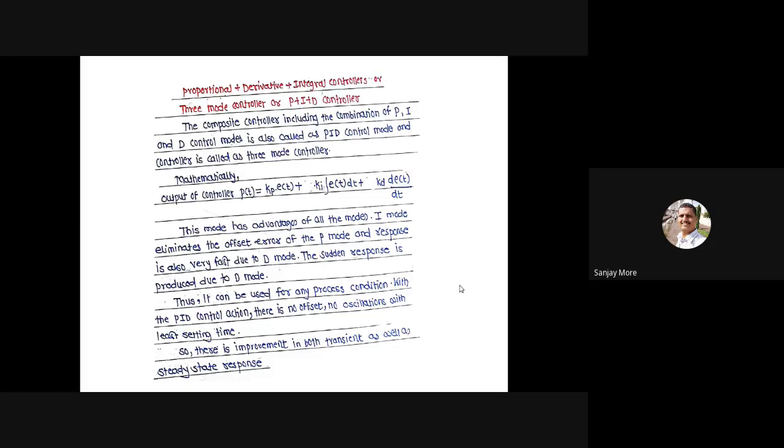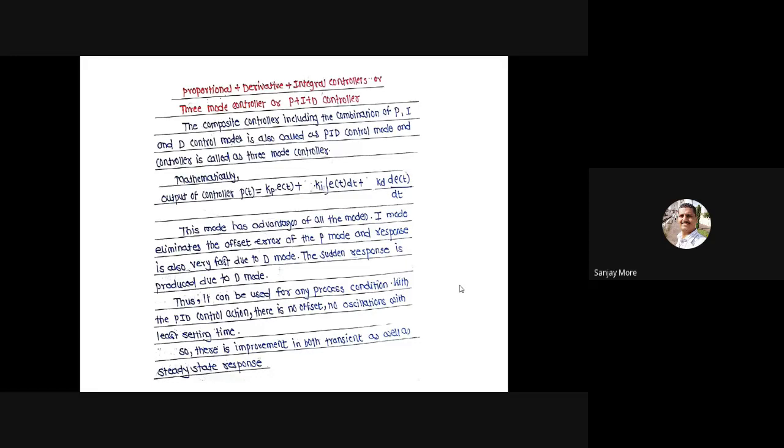Then write down: this mode has the advantages of all the modes. First one, I mode eliminates the offset error. I means integral. I mode eliminates the offset error.